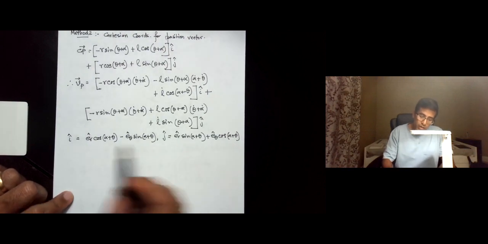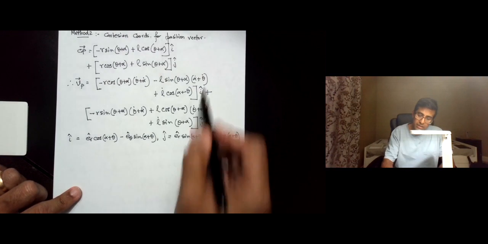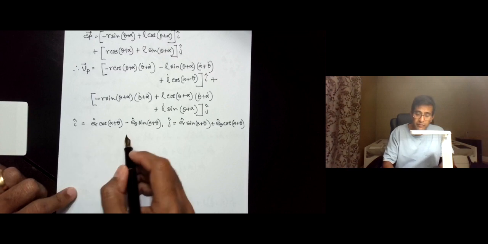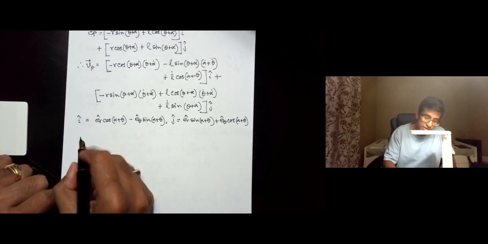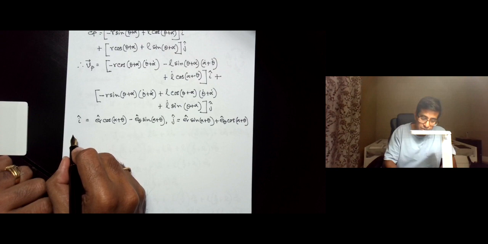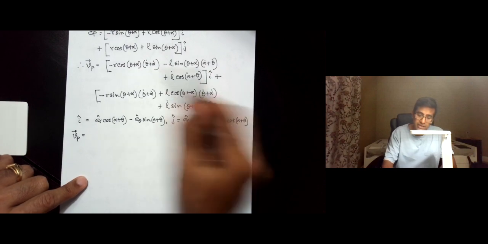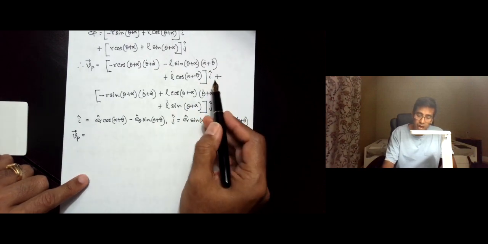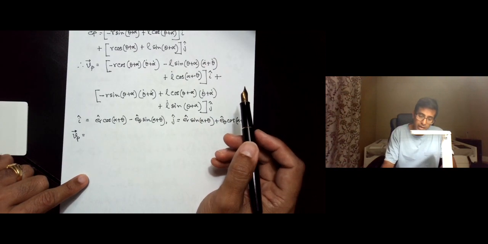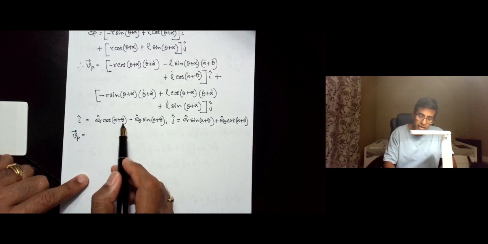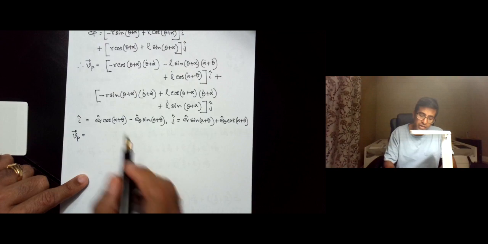At this point, if we make these substitutions, then we will have Vp in the form of er and e theta. So let's make those substitutions. Therefore Vp is equal to, we take this expression which has a coefficient of i. If we multiply this expression by cosine alpha plus theta, then that's going to be a coefficient of er.